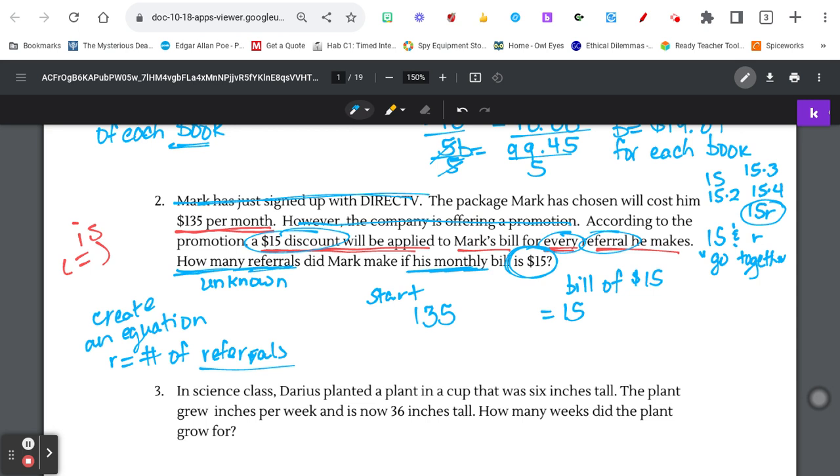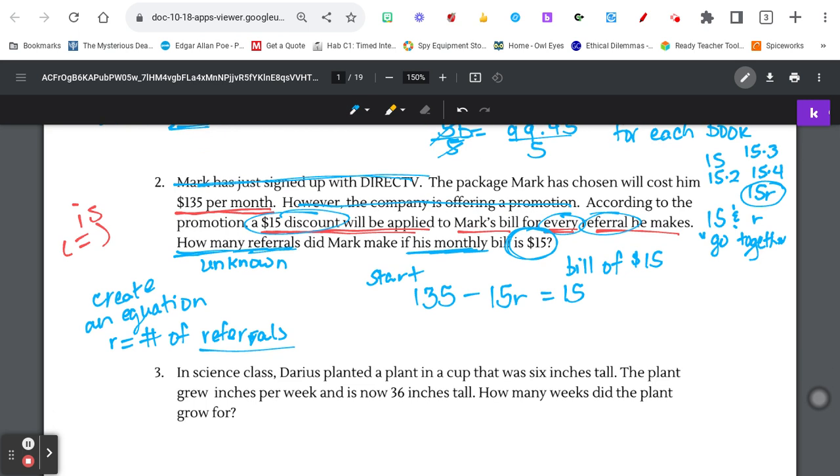Okay, so if he started with $135 and he ended with 15, I know they had to take something off his bill. So to take something away, I put a minus sign. Well, what did they take off? They took off $15 for every referral. In other words, they took off 15 R amount of times, and it put him at $15.